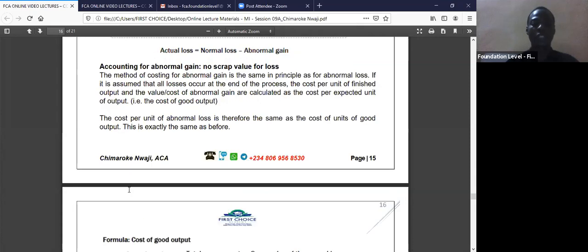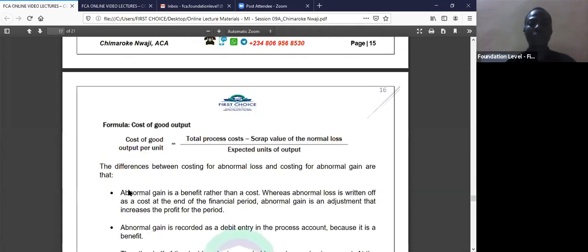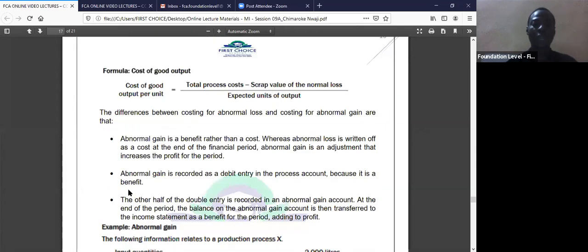Now, the differences between costing for abnormal loss and abnormal gain: abnormal gain is a benefit rather than a cost, whereas abnormal loss is written off as a cost at the end of the financial period.